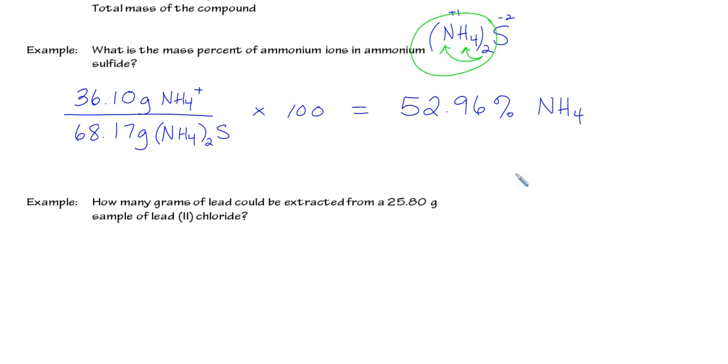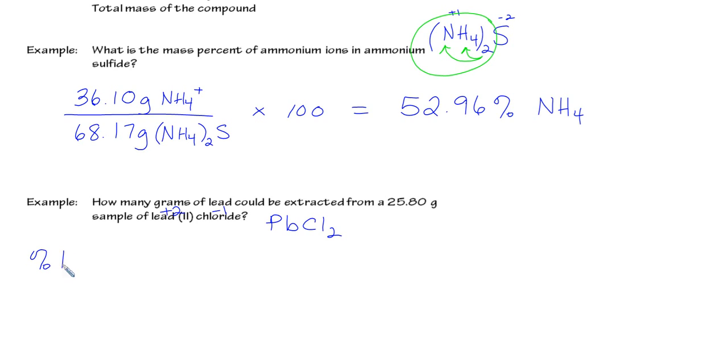So lead 2, meaning the lead is charged +2, and chlorine's -1. So my compound is lead with 2 chlorines. Got to make it neutral. All right, let's do percent composition. Let's see what percent of this compound is lead.